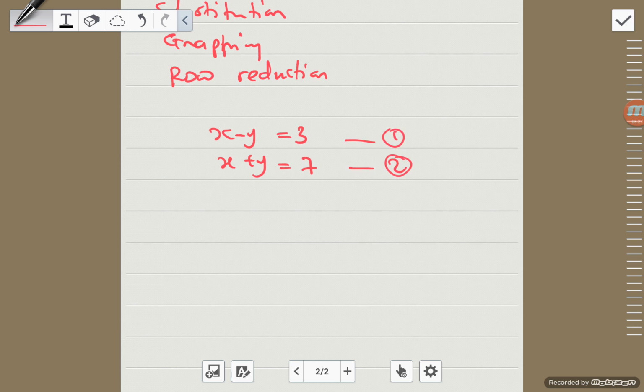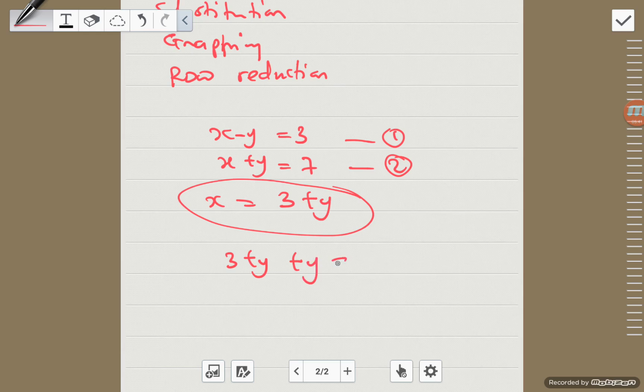If we pick equation 1 and make x the subject, then we have x equals 3 plus y. Substituting this into equation 2, we have 3 plus y plus y equals 7. So 2y equals 7 minus 3, 2y equals 4. Therefore, y equals 2.